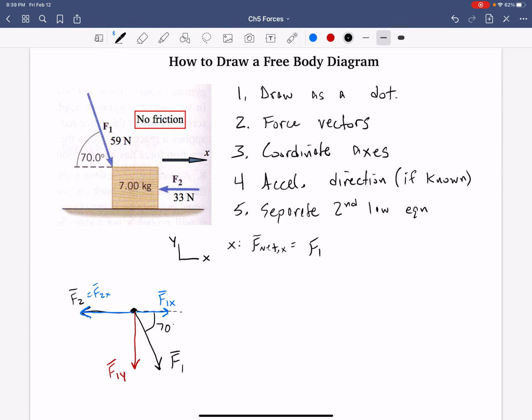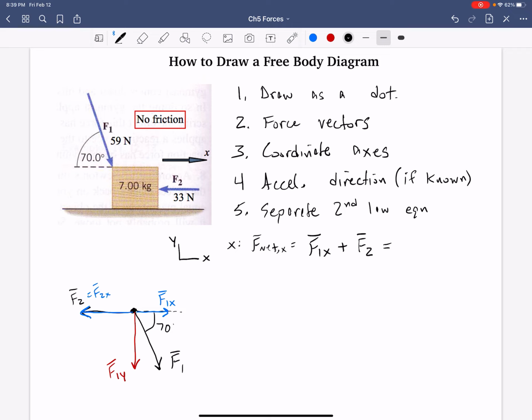So F1x vector plus, I'll leave it as F2, right? Notice I'm keeping it in vector form, and so I have a plus sign there, okay? And that's all the forces in the x direction.